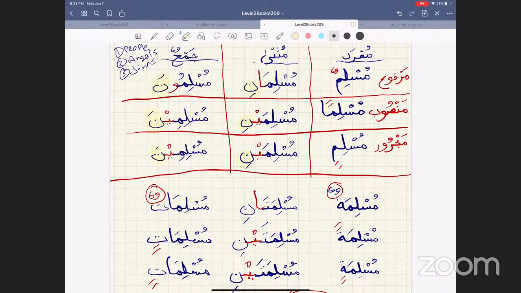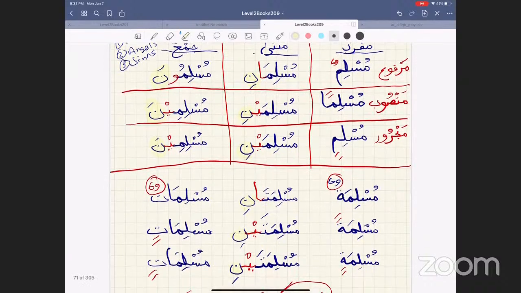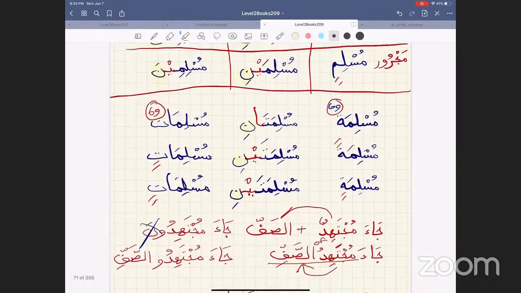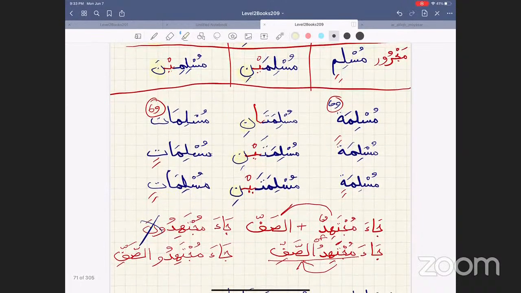Those 6 noons, and also these 3 in the middle of the feminine chart. So these 9 noons drop. Everything in the middle, muthanna, whether masculine or feminine, the noon drops. Likewise, in the masculine chart for jam', the plural, the noons drop. Wherever there's a noon in these 2 charts, it can drop whenever it is a mudaf in an idafa construction.